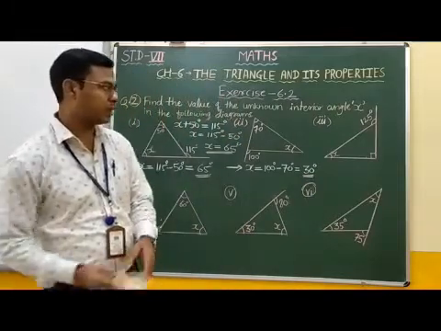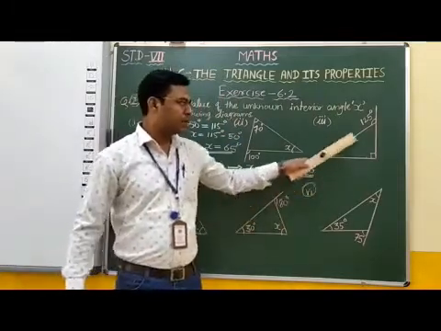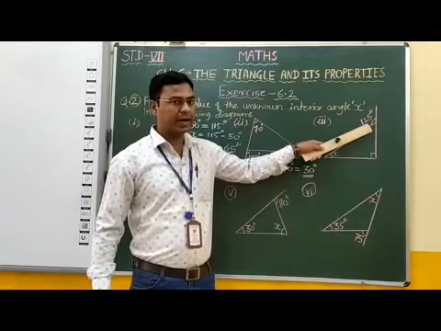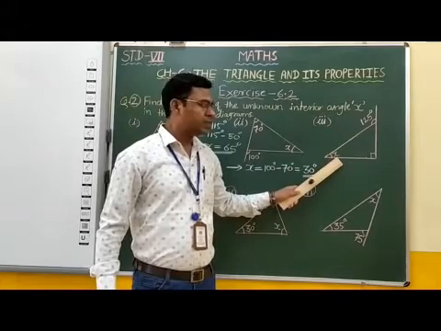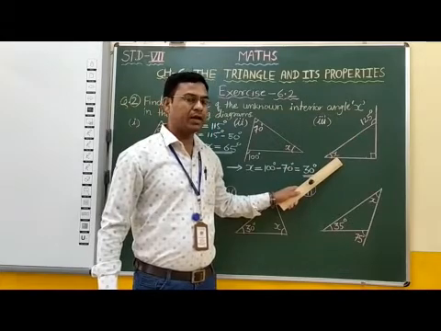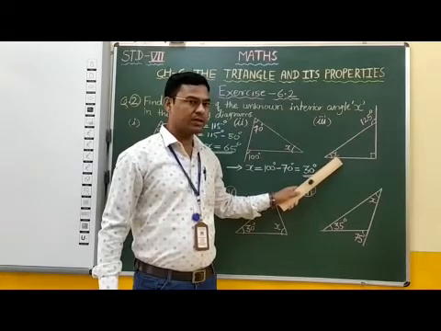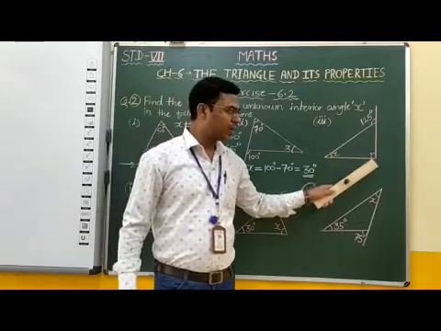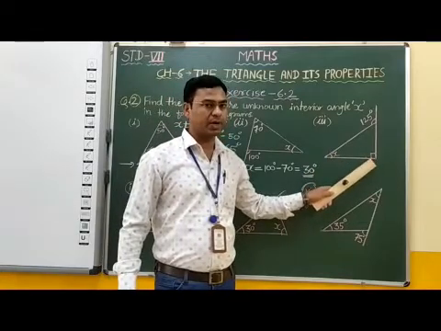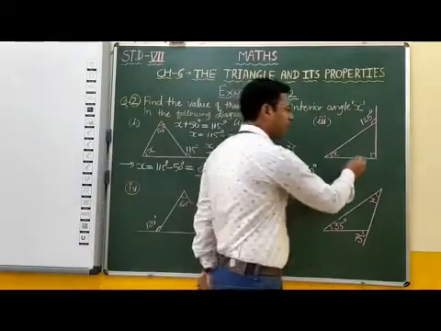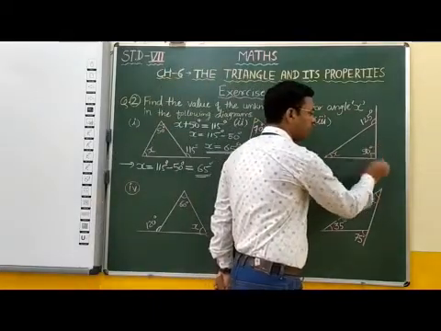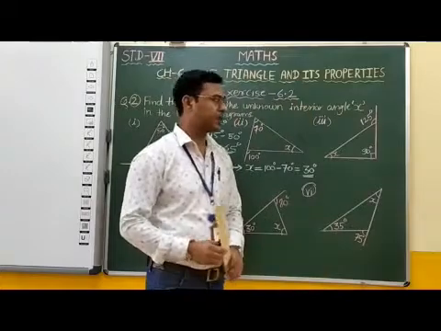Now, in the last figure, the third figure, here the exterior angle is 125 degree. Here, the first interior opposite angle, that is x, is unknown, and here the measure of this angle is not given, but the meaning of this symbol is 90 degree. Therefore, the measure of this angle is 90 degree.